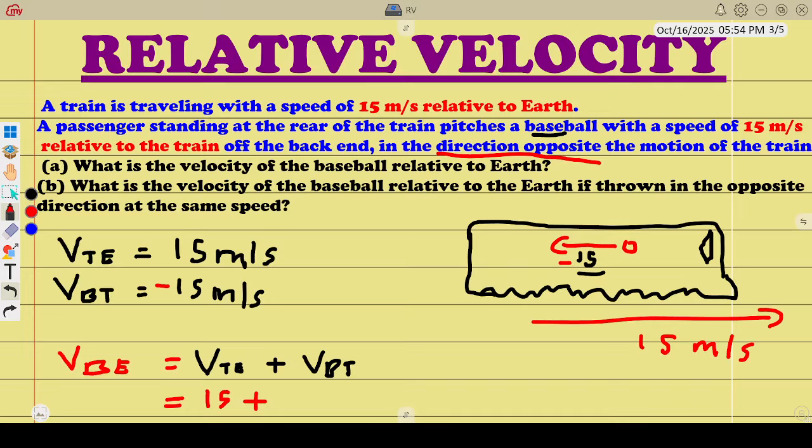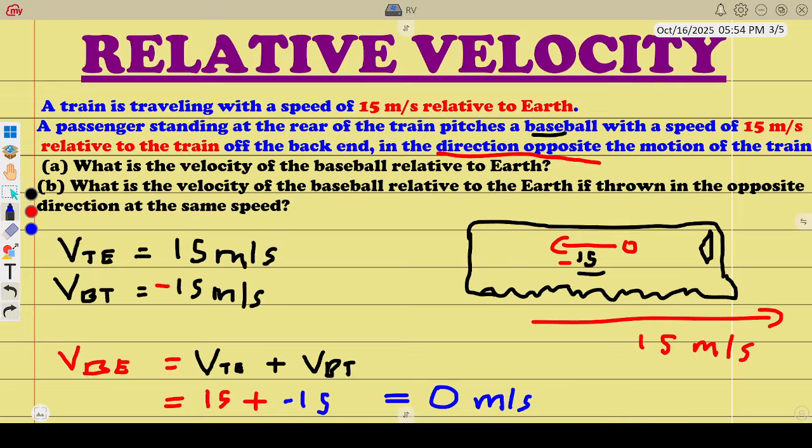So 15, we say minus 15. The reason I've put a minus 15 for this one is because it was thrown in the opposite direction. If it was also going in that direction, we could have said plus. And then the final answer is 0 meters per second. So this is the velocity of the ball relative to the earth.